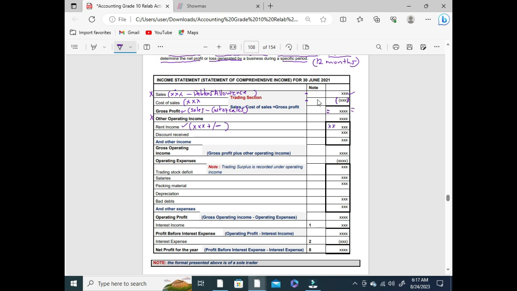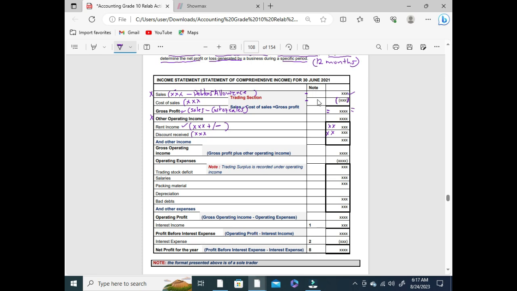And then guys, again, some of the incomes that we have are discount received, meaning whenever we buy goods and services, we get discounts. And then we are going to write the opening balance from our pre-adjustment trial balance, followed by step 2, whereby we are going to talk about adjustments. And then guys, we are going to record the final amount.